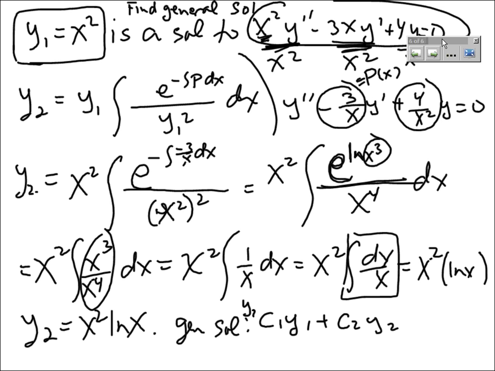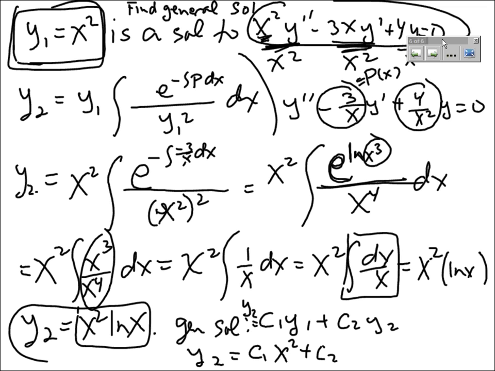So y is c1 times y1, which is x squared, plus c2 times y2, which is x squared ln x.